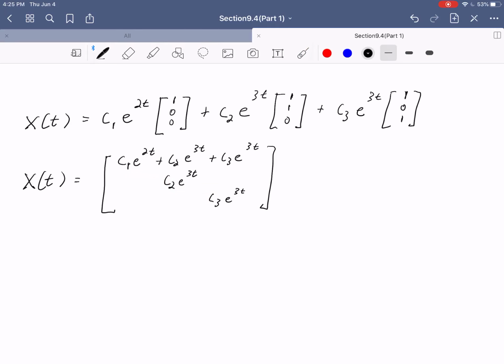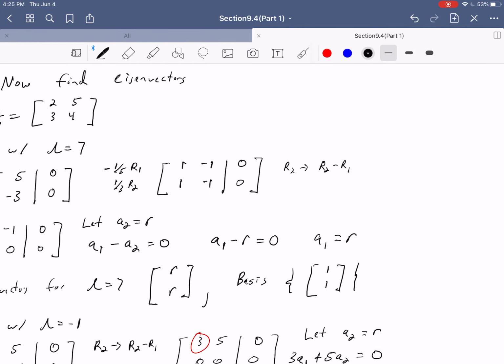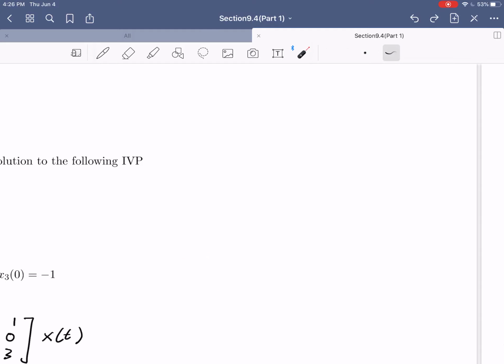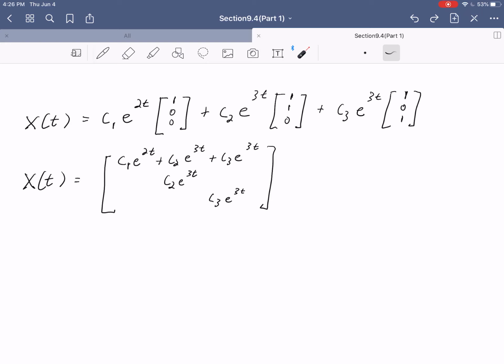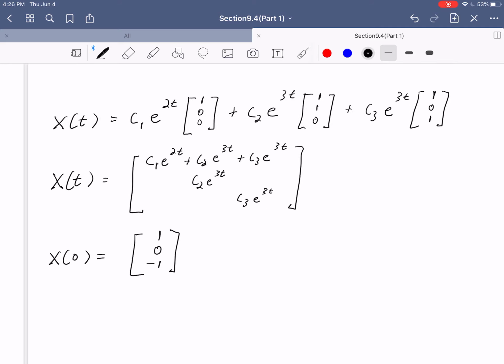Now we know that when we plug in 0, we're supposed to get 1, 0, negative 1. That was our initial condition, right?